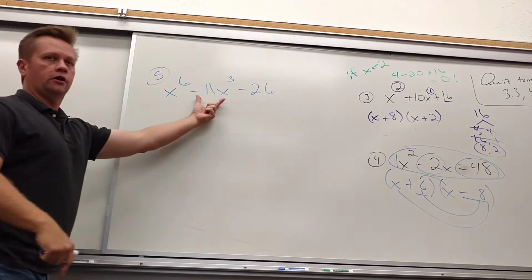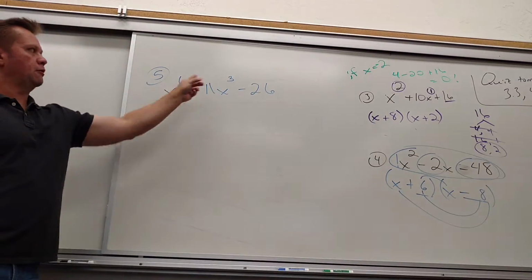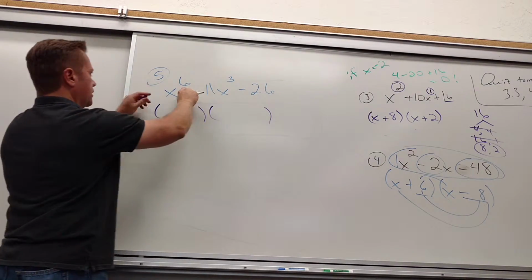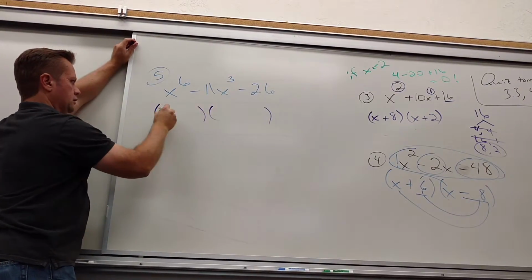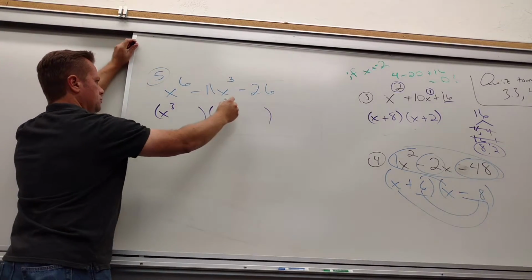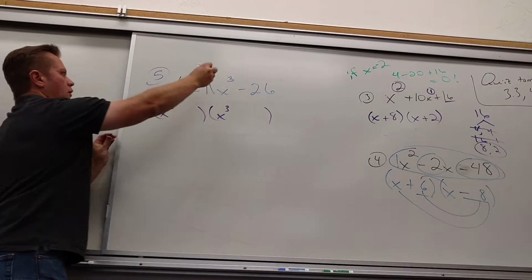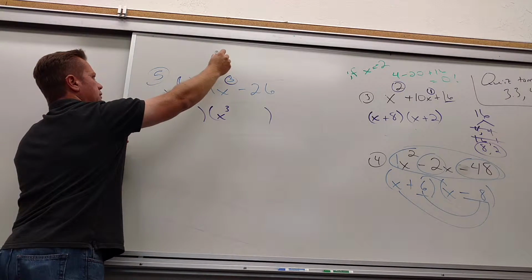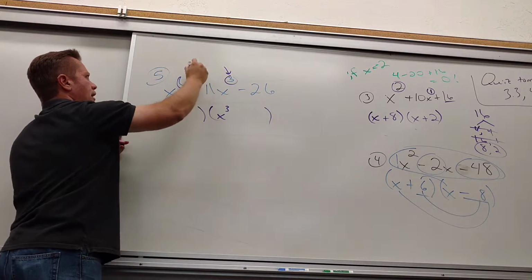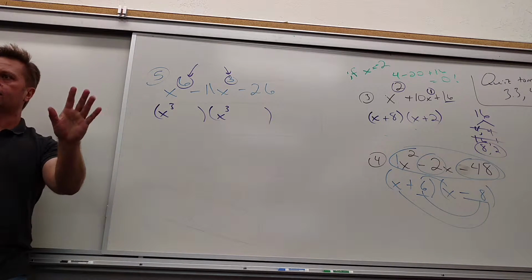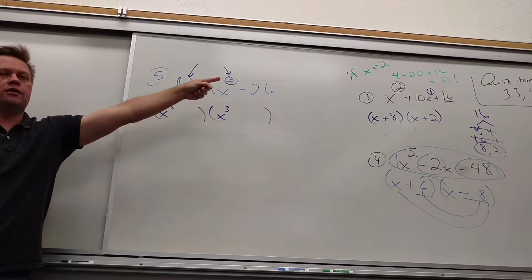So will this work? Is the middle power half the first one? Yes. And x to the 6th, how would I break that up? x cubed, right? So the powers almost don't matter as long as this one is half of this one. And then the process is exactly the same. I cut that in half, and then what numbers are going to work?